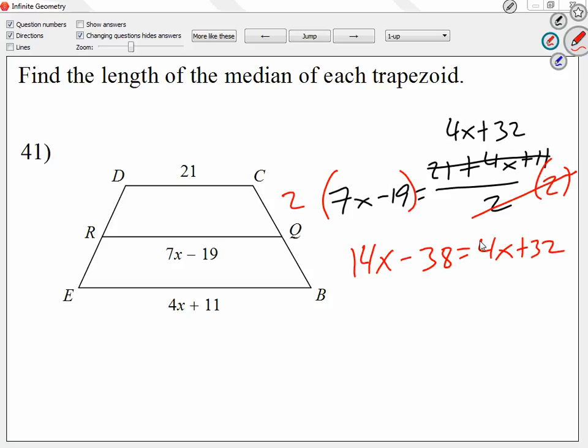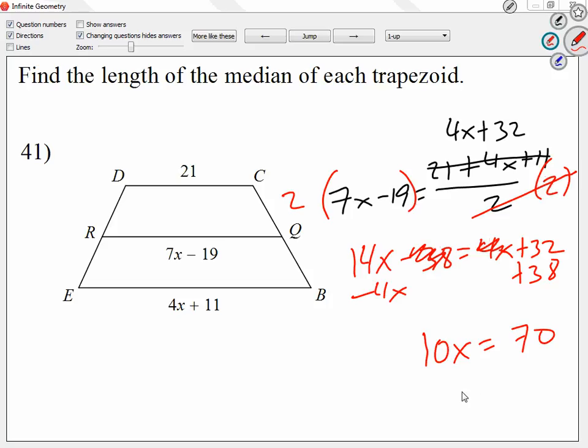You notice that on the left, I multiply the 2 to everything. My 4x, bring it to the left, that's a minus 4x. My minus 38 to the right, that's a positive 38. How much is 14x minus 4x? 10x. How much is 32 plus 38? 70.